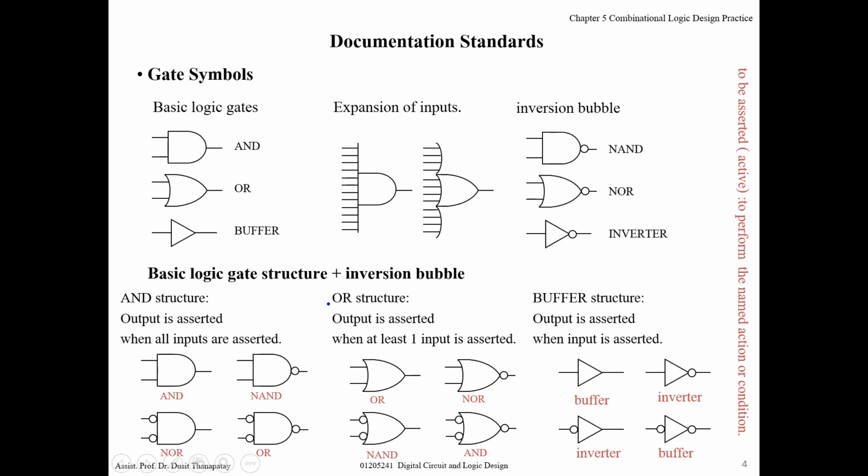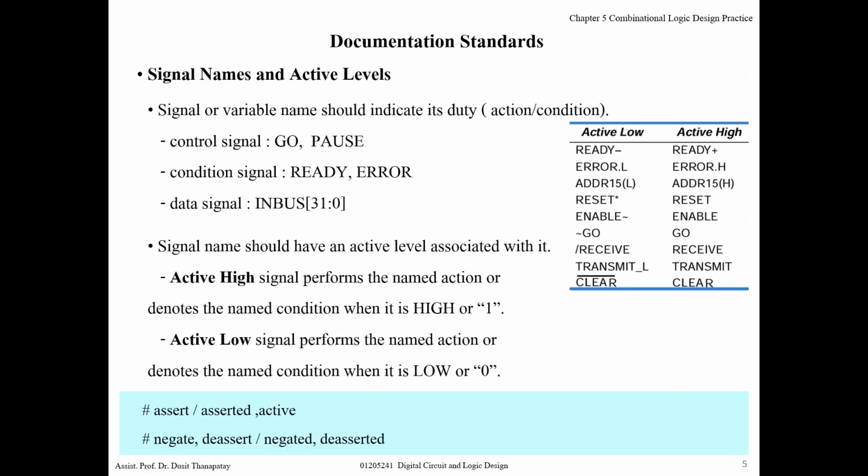Before describing the details, consider these two terms: active high and active low. In practice, we often give names to signals or variables in expressions.